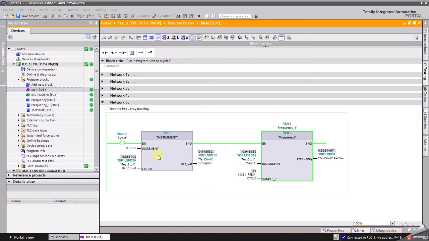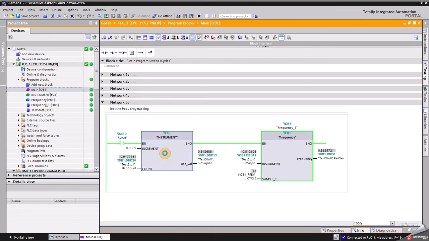So I knocked up these two blocks over here, this FC and FB block, just to prove the idea. This is the instrument, and this is the bit of code that actually tracks the frequency, and it's in radians a second. It's a bit of a pain dealing with radians, but you know.